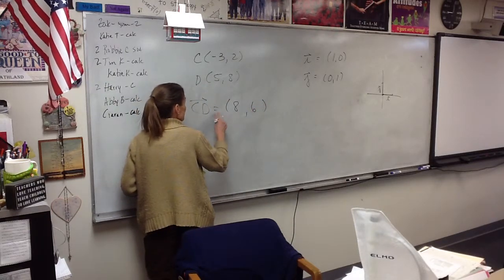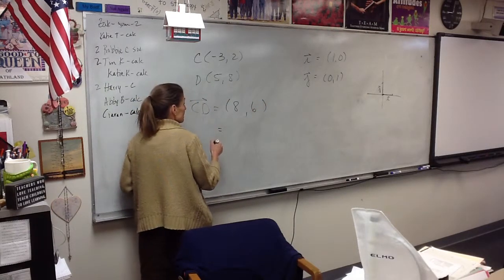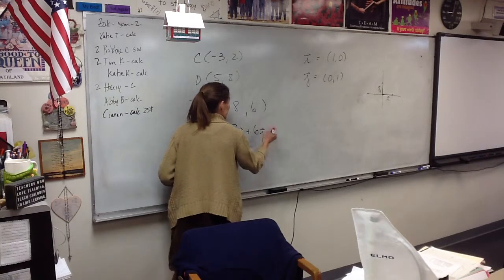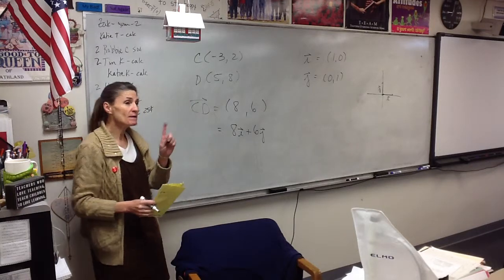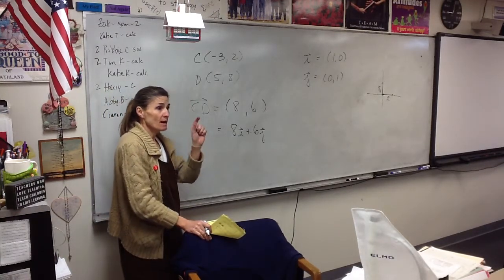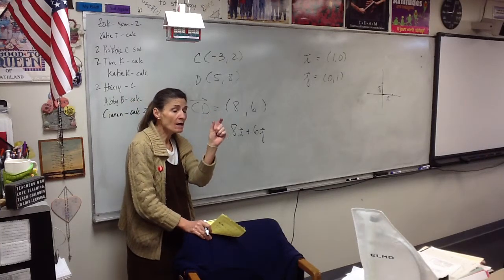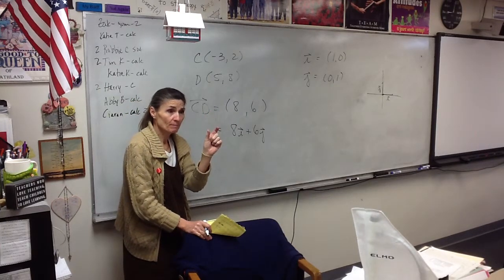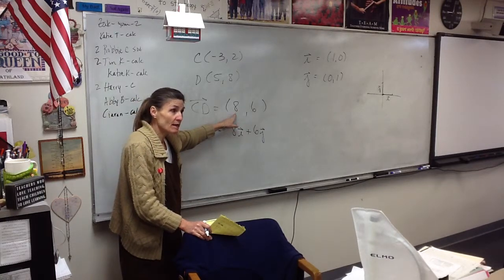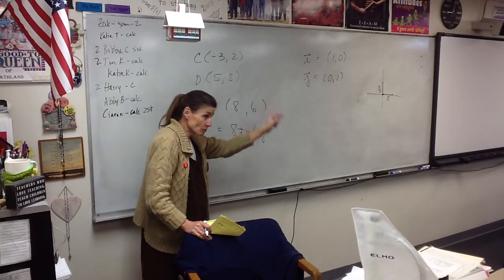So another way of expressing vector CD would be 8 I's plus 6 J's. Now do not be confused by that. Remember, what does I represent? I represents 1 horizontal step. So if this guy has an x coordinate of 8, wouldn't that be 8 horizontal steps?